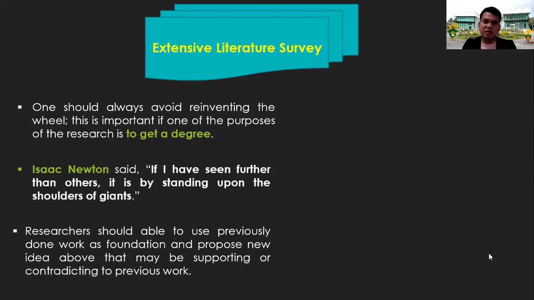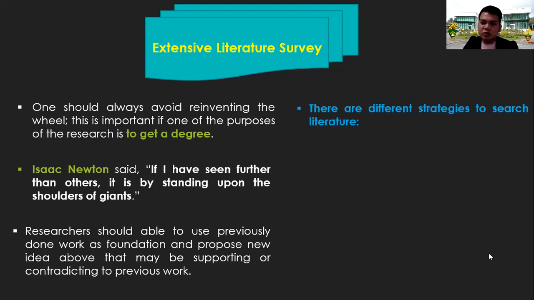So that's a research already. You have added to the studies related to coconut. You have supported, and maybe you have contradicted, saying the study conducted in America on these coconut varieties is similar or not the same as my current findings. So that's how the literature survey is important.